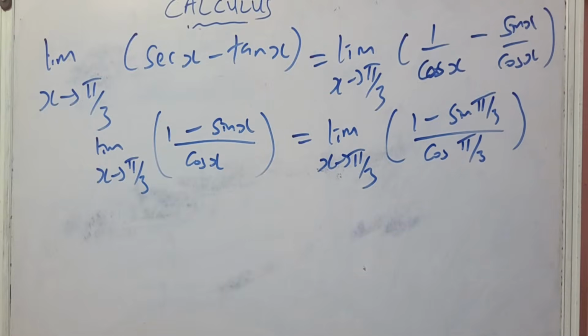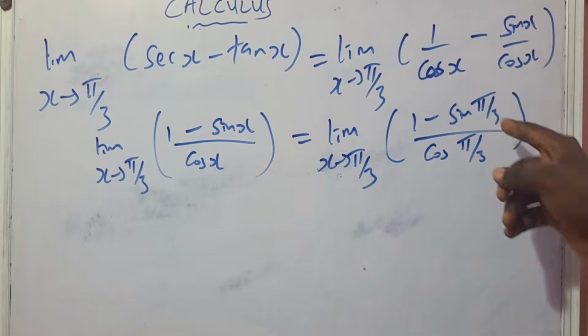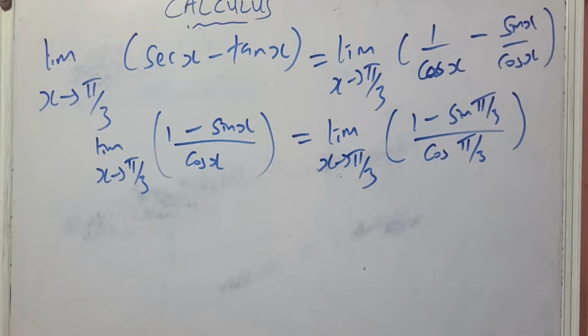Now, when you have sine pi over 3 written, somebody who does not understand trigonometry is looking at this and wondering what pi is. That person might even put in 3.142, and that will be so wrong. Pi is not 3.142 here. Pi is 180 degrees. So that will be 180 over 3.